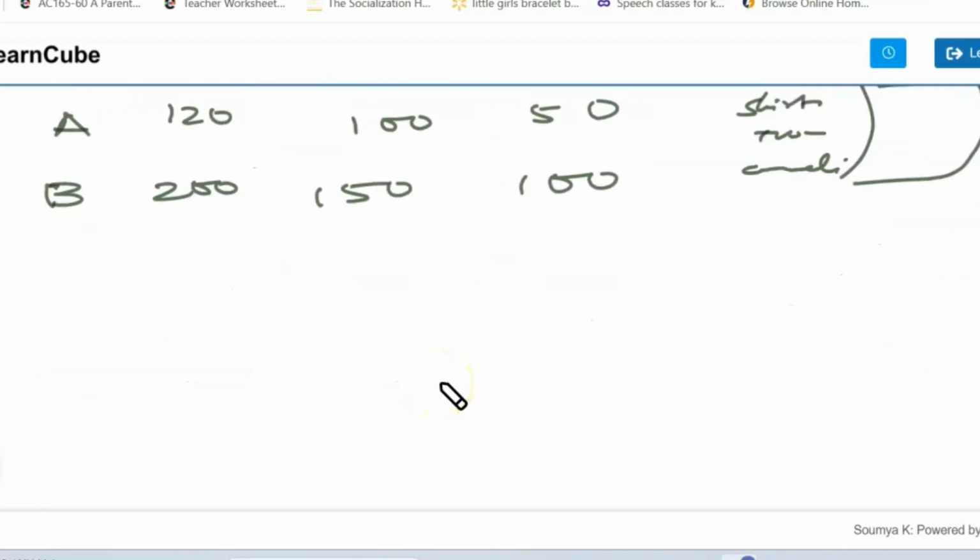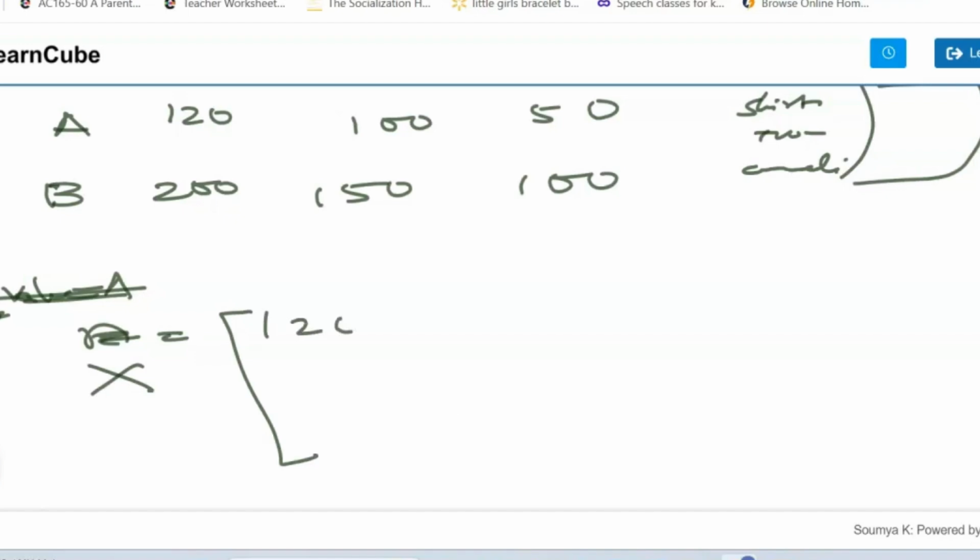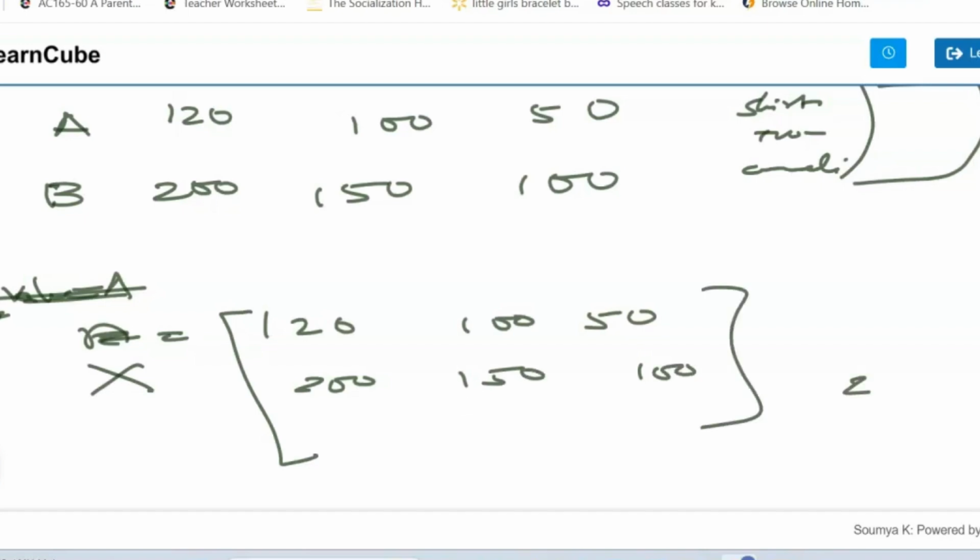Also express it in matrix form. How to do that? Let's write it. For the first table, the first type of matrix will be, let it be X, 120, 100, 50, 200, 150, 100. This shows you it is a 2 by 3 matrix.